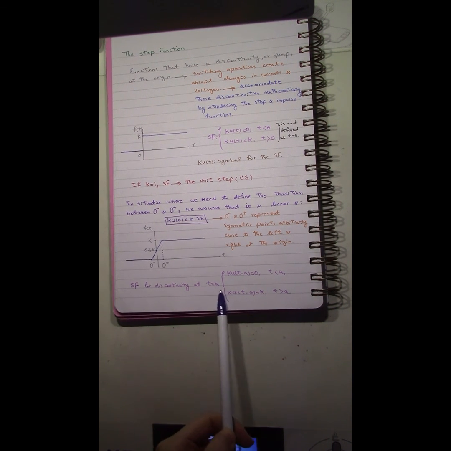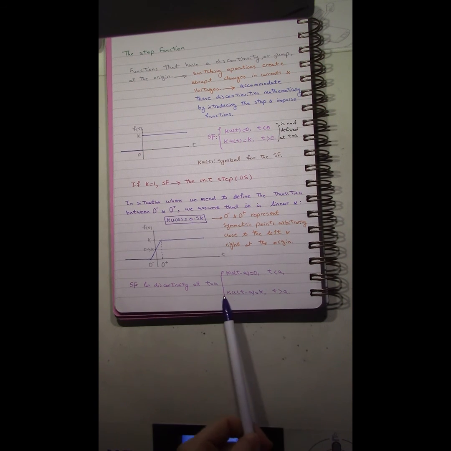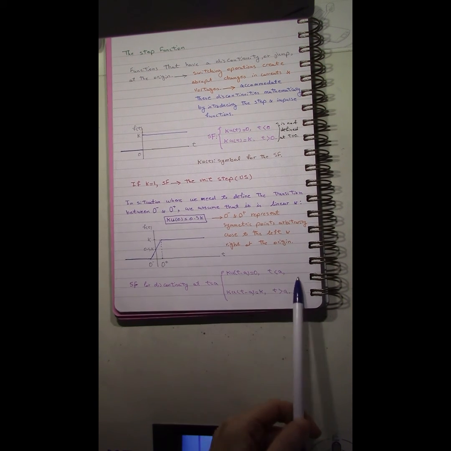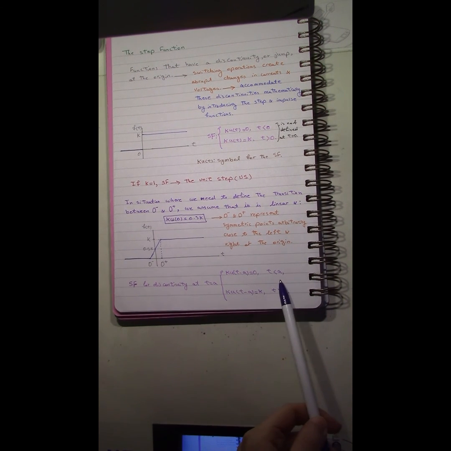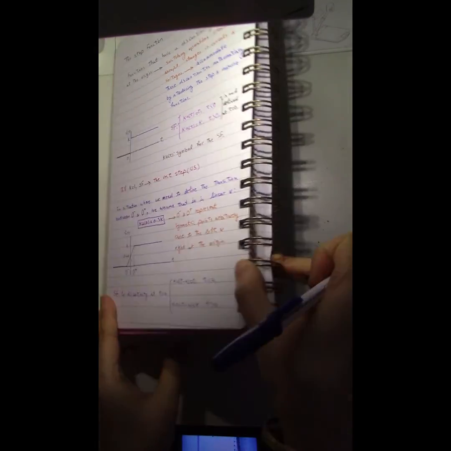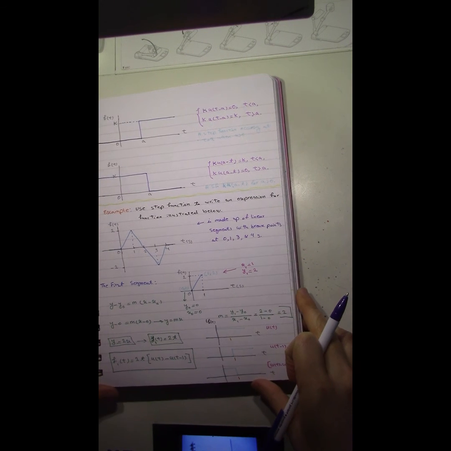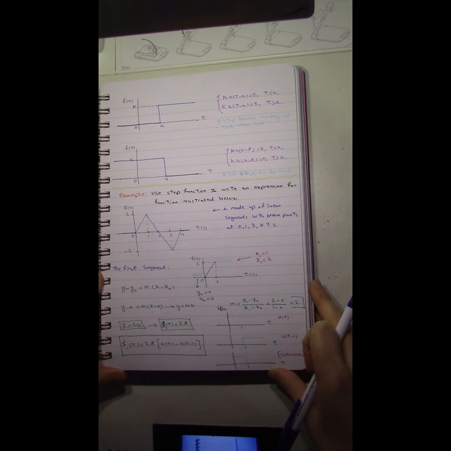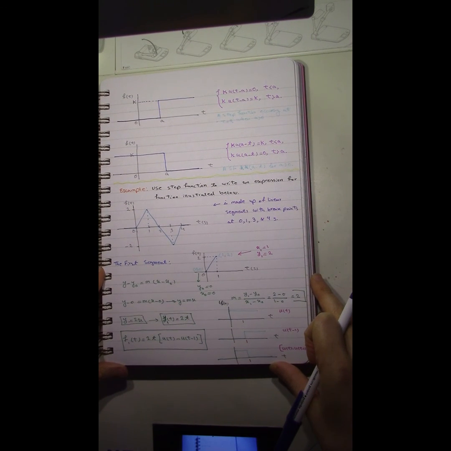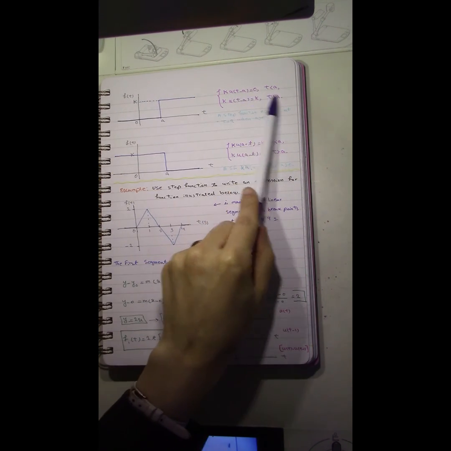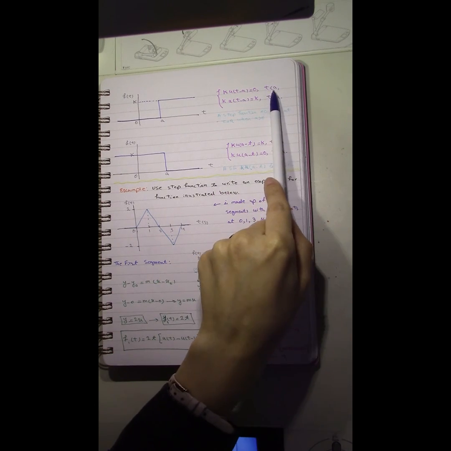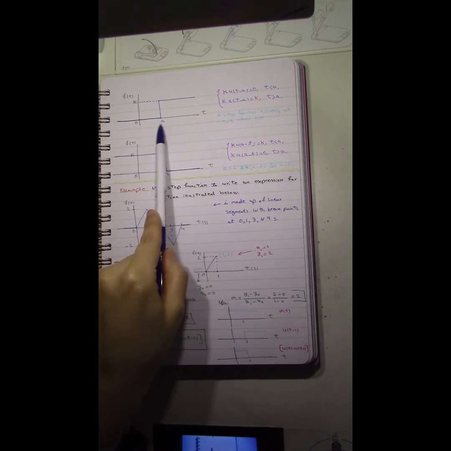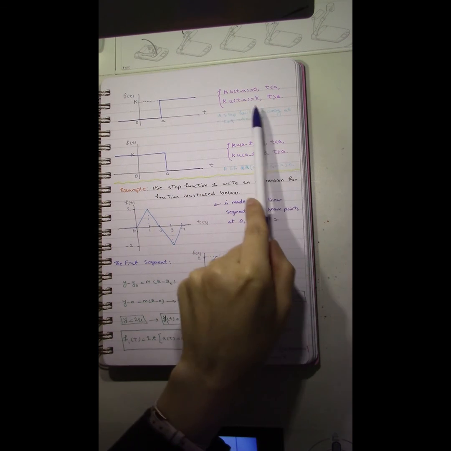So at t equal to a, we have this step function. For t smaller than a, again 0, and t greater than a is k. These two are the same function: if t is smaller than a, we have 0 value, and for t greater than a it is k.